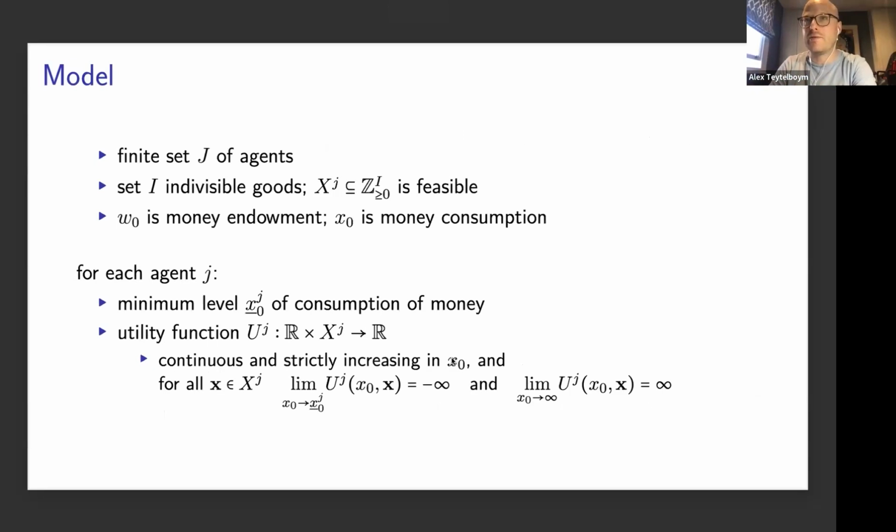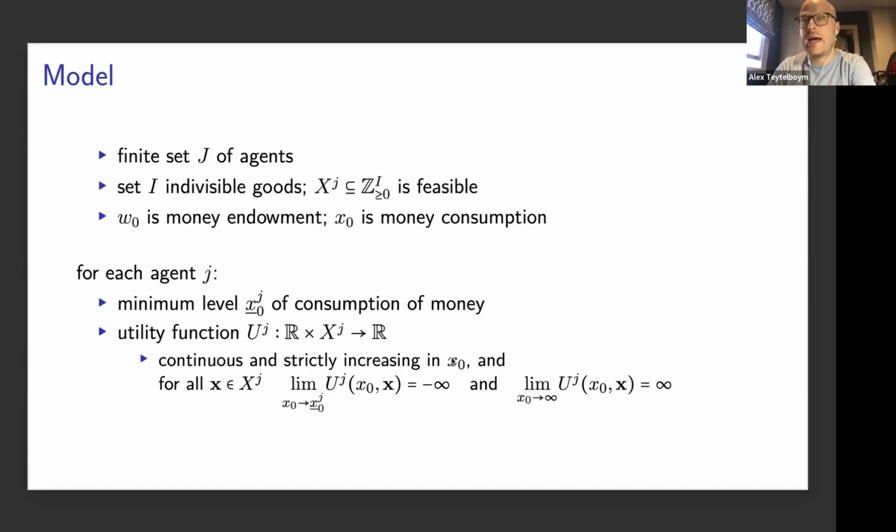The top part is really what Ravi has already set up. We have a finite set J of agents, a set I of indivisible goods, exactly the same notation. Xj is going to tell us the set of bundles that are going to be feasible for a particular agent. And now I'm going to more carefully think about the following two things, endowment of money and consumption of money. And this is going to be much more crucial here.